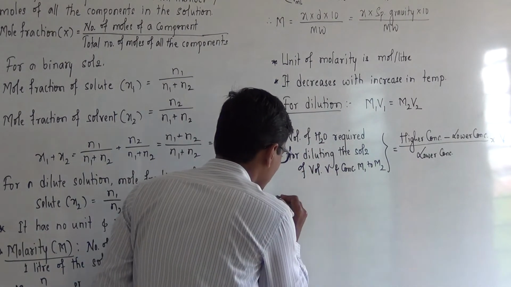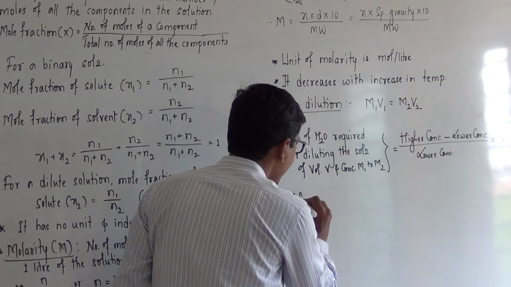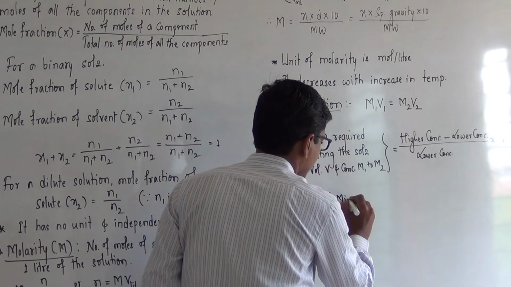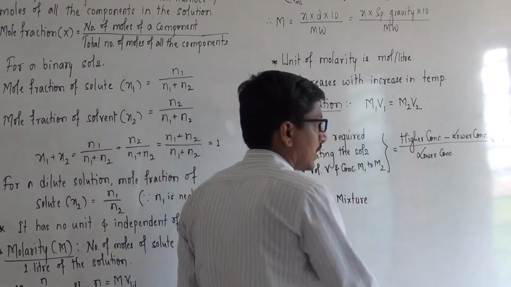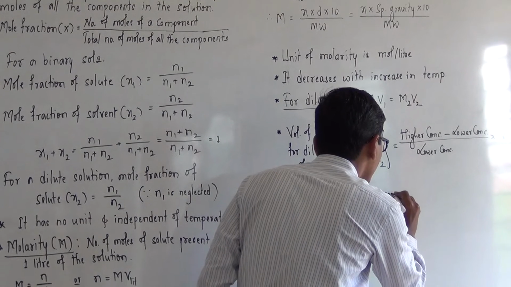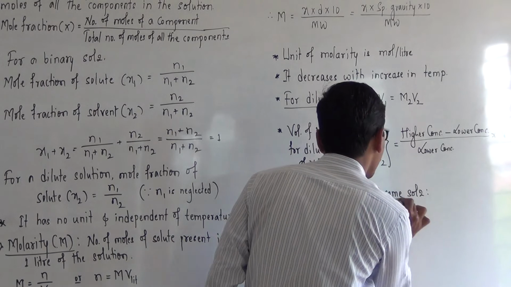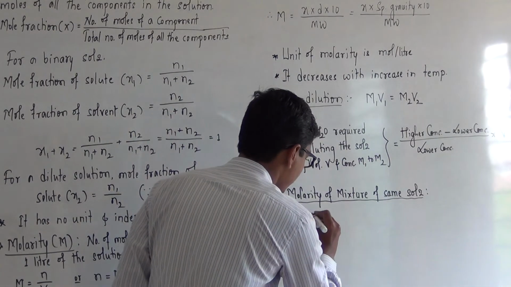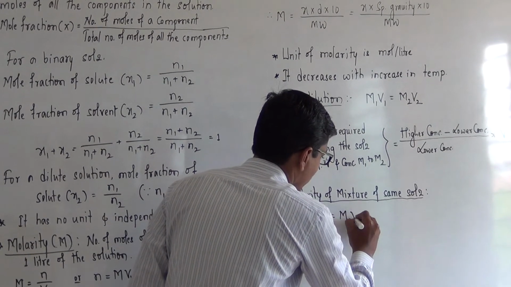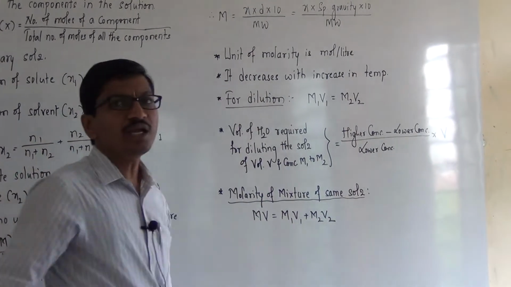And molarity of a mixture of the same solution is calculated by using the formula M into V is equal to M1 V1 plus M2 V2 for a binary solution.